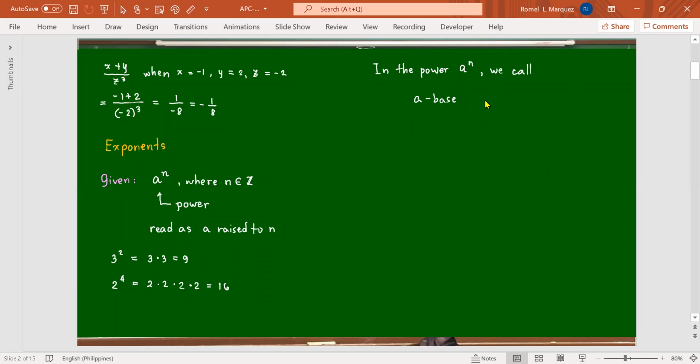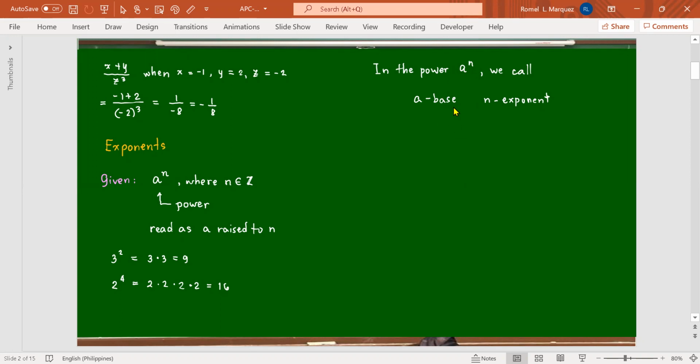Okay? We call n the exponent. This is the little number written on the upper right corner of the base, telling the number of times the base is to be taken as a factor, or the number of times the base is to be multiplied. So that's what we mean by power, no? A to the n, okay? And the whole is power.